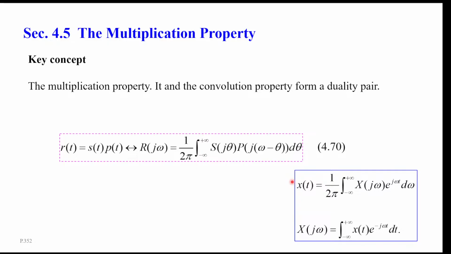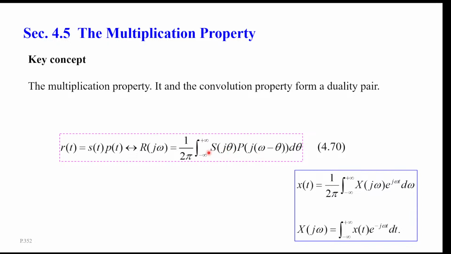Okay, so the multiplication property is really a dual of the convolution property, and so it looks very similar. It says that you have multiplication in the time domain, and you get this convolution in the frequency domain. But you just get this 1 over 2 pi because of our syntax. Also the notation here is a bit funny.